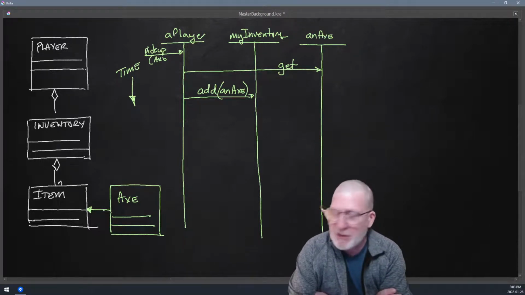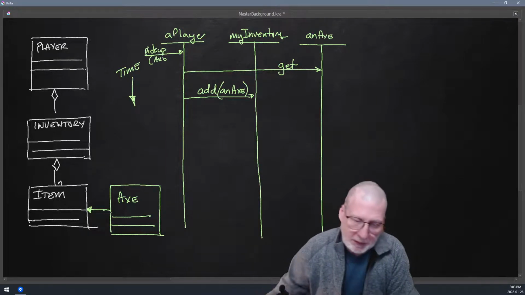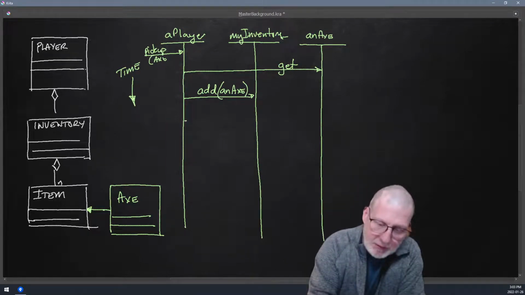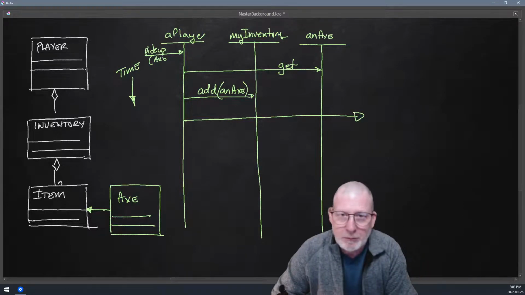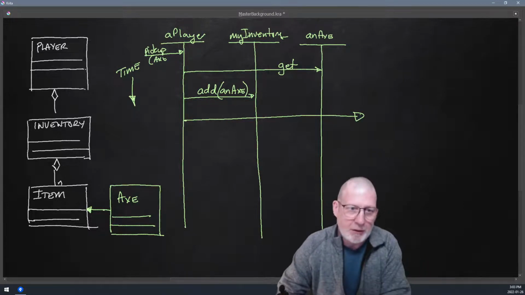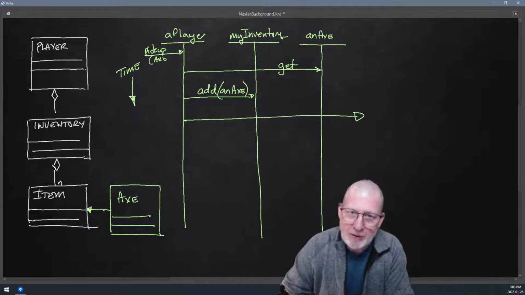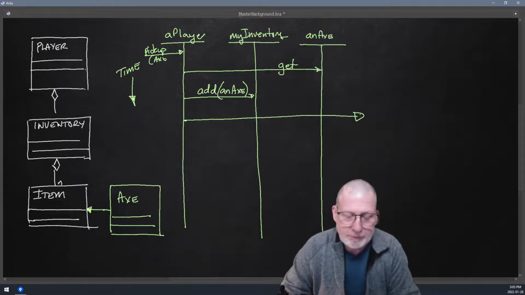And if there's something that's missing, hey, but I also need to do something with the axe. I have to find its encumbrance. Well, everything has an encumbrance. Every item has a weight.